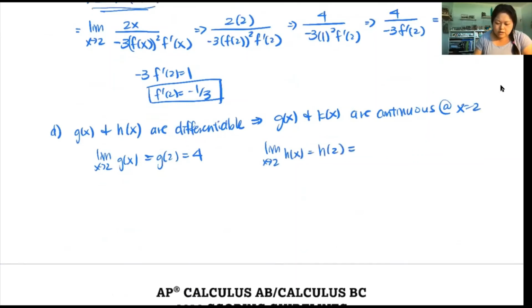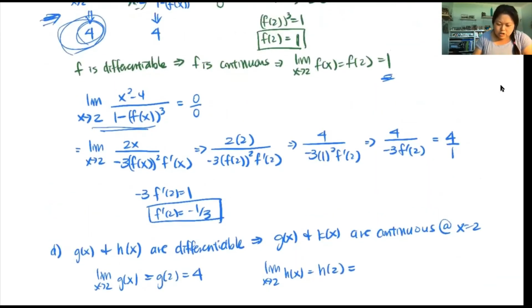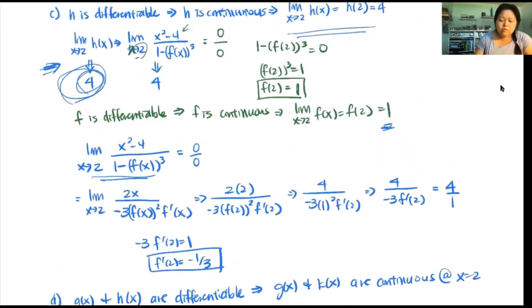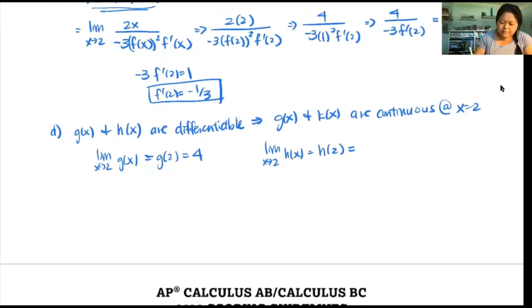All right, so let's take a look. The limit as x approaches 2 of h of x. Again, we're using this again. It's right here. Oh, sorry, this is terrible. Let me box it out. It's equal to 4 again, right? So that's equal to 4.